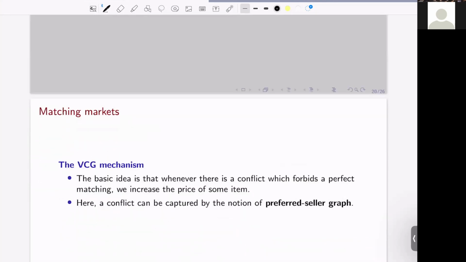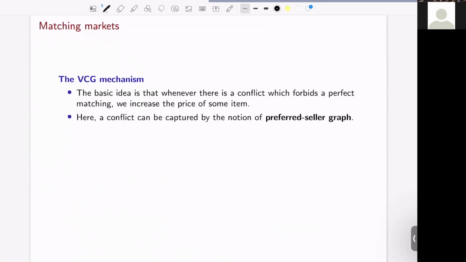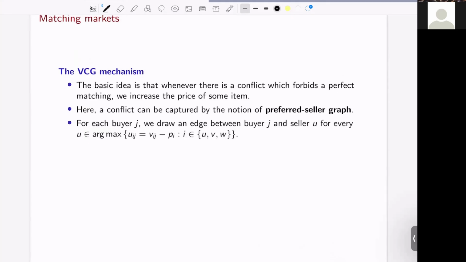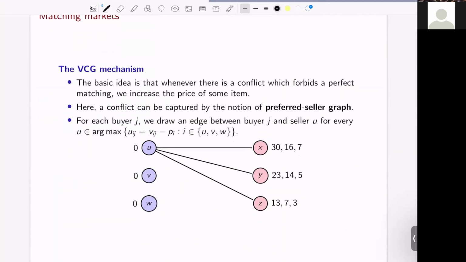To capture this, we use the notion of a preferred seller graph. For each buyer, they indicate the item or few items that they most like.